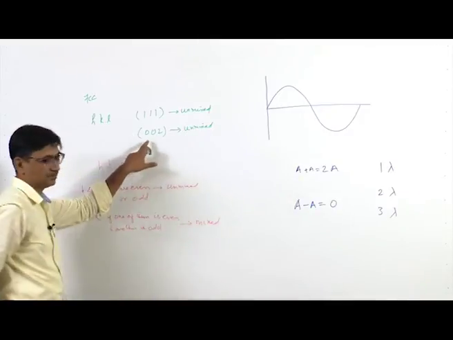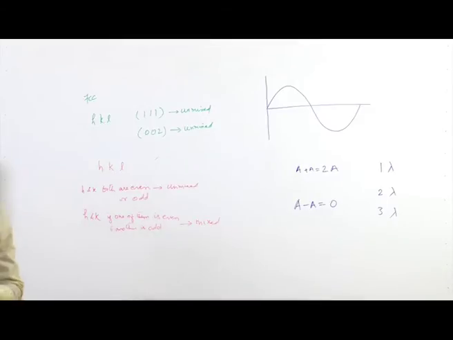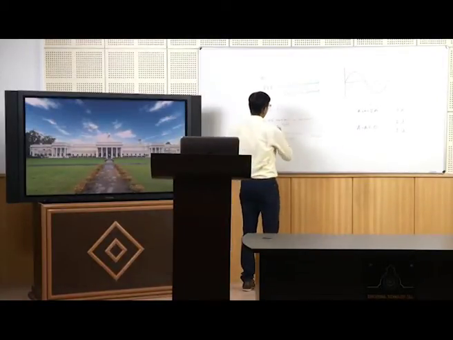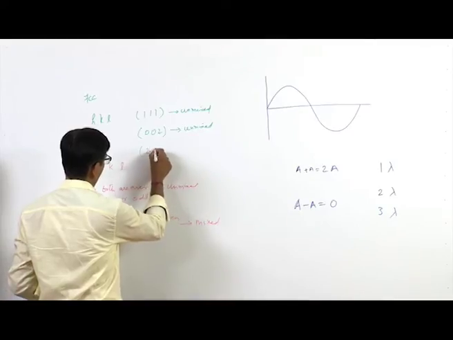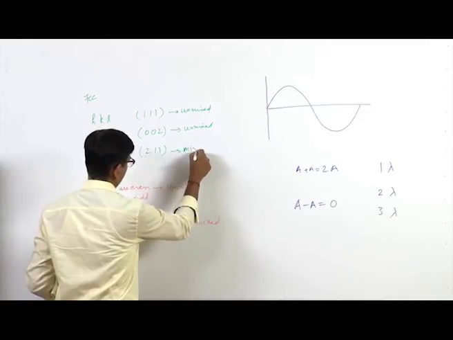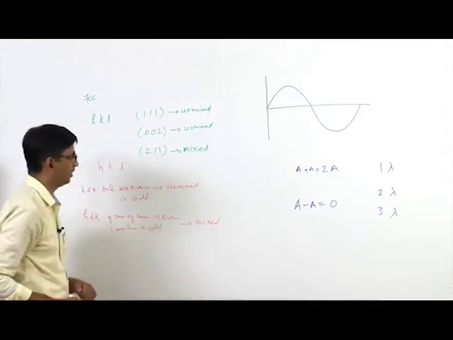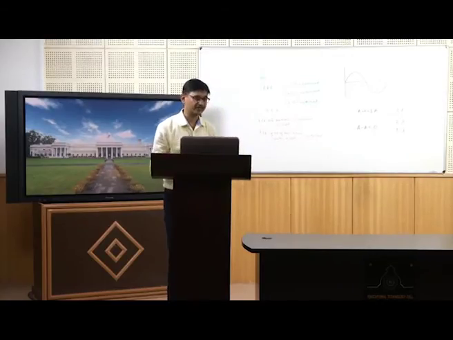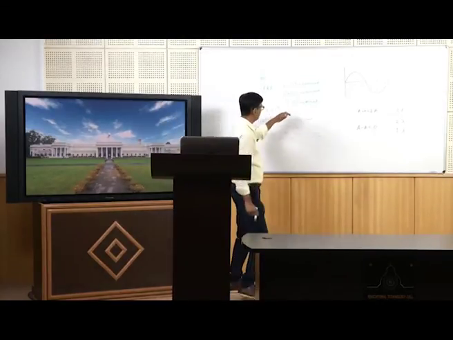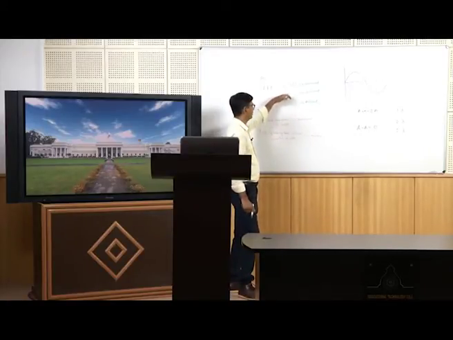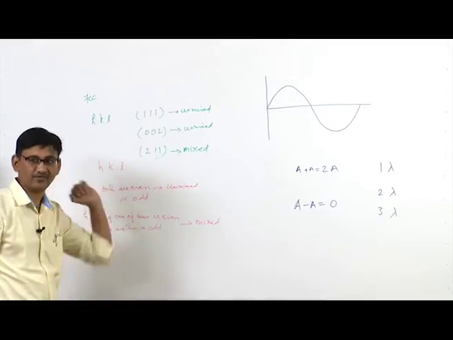Please remember the 0 here is going to be even. Whereas, suppose I take a plane like 2 1 1, this is a mixed plane, so I will not have any X-ray diffraction peak from this particular plane in case of FCC. But in these other cases I will have a reflection.